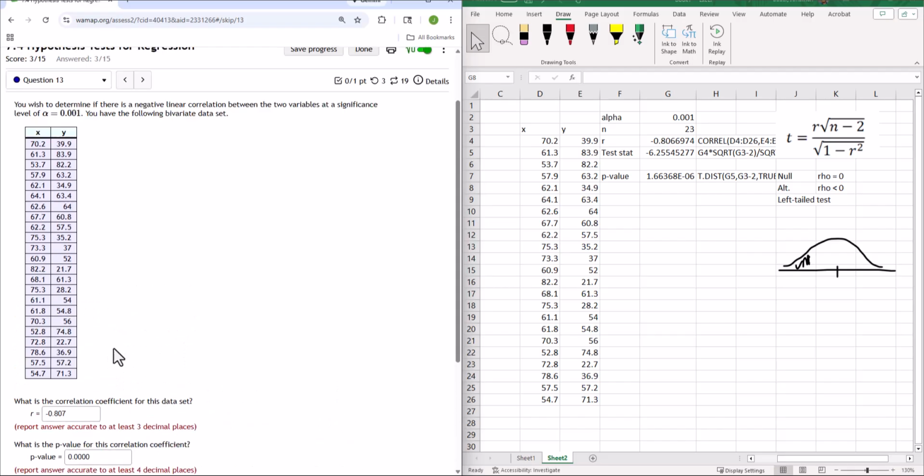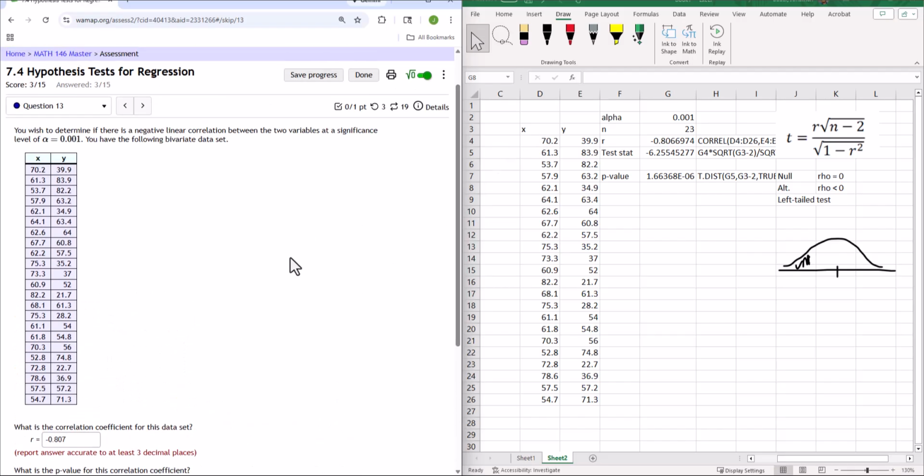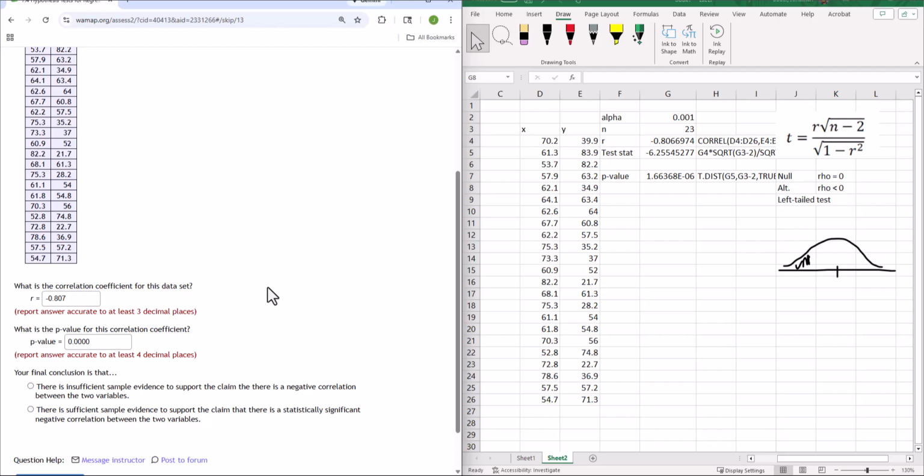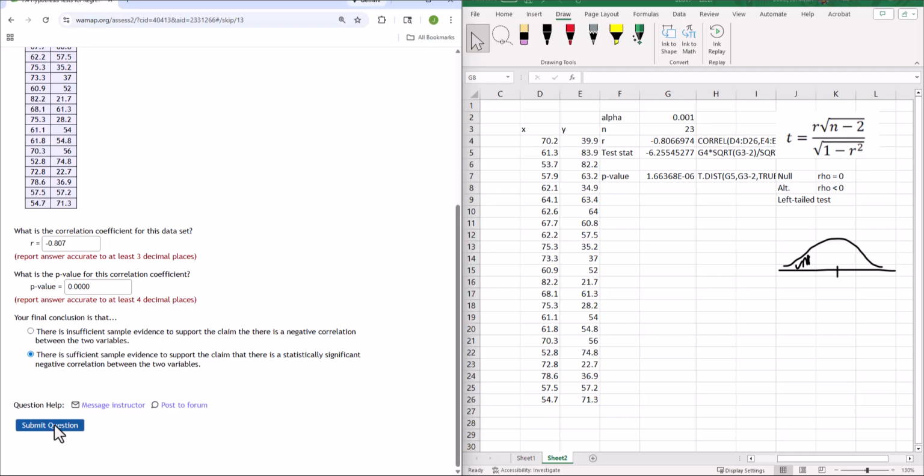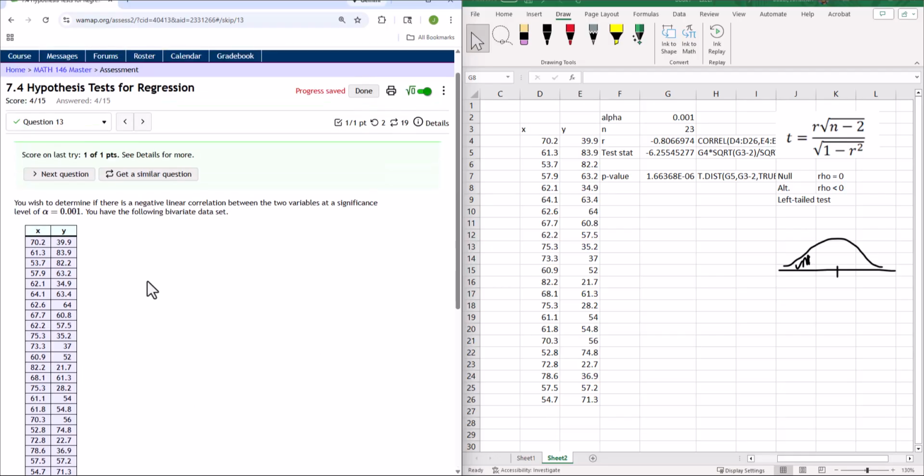And so our p-value is less than our alpha, so we reject the null hypothesis, which means there is sufficient sample evidence to claim that there is a statistically significant negative correlation. Now, a lot of these before we had is and is not, and notice there's a slight switch to is insufficient, so that is there is not, so just be really careful. I accidentally clicked the wrong one earlier. So this, and there we go.